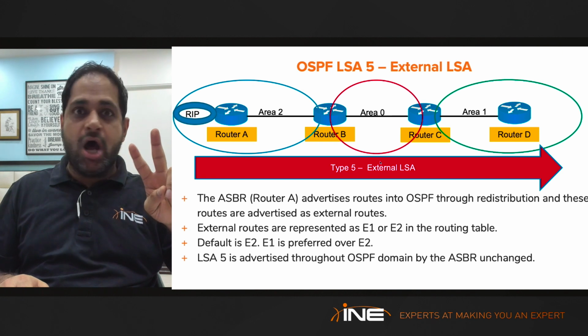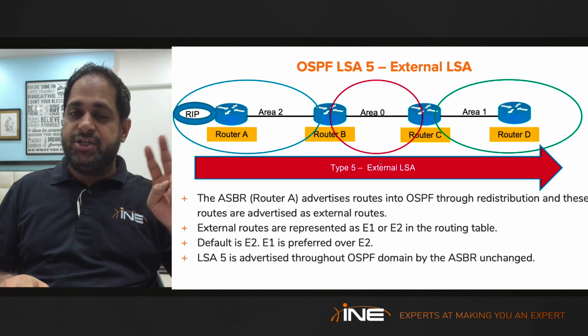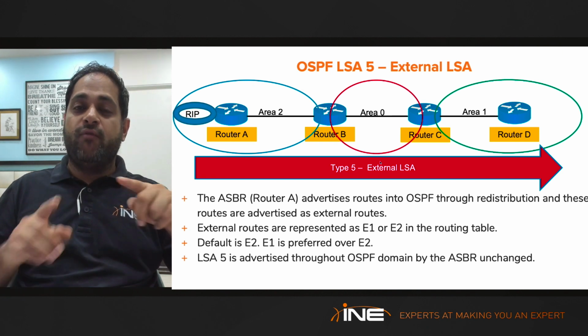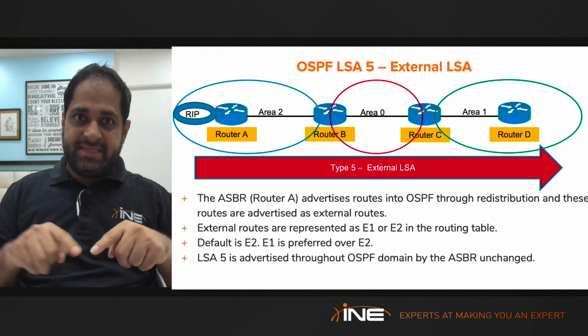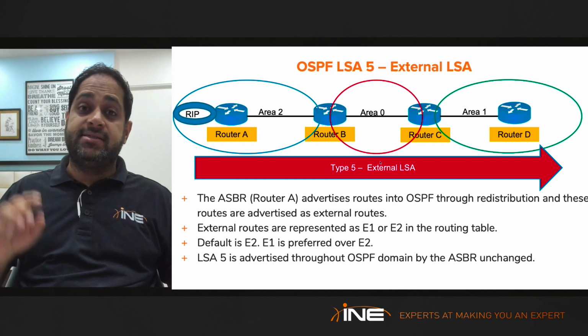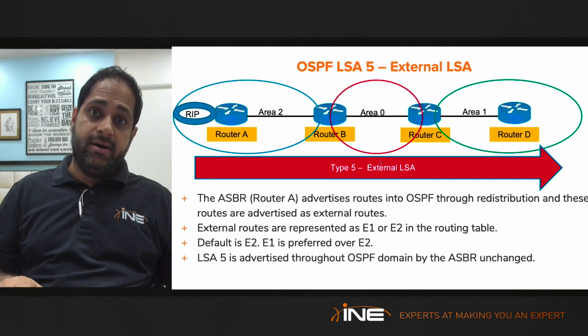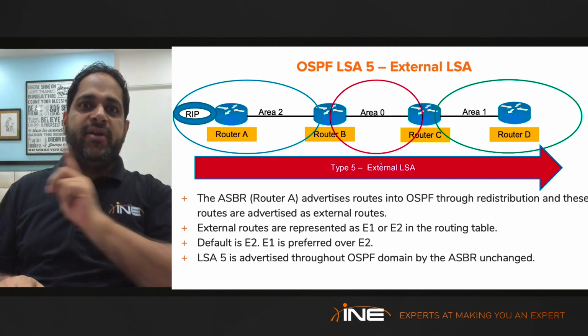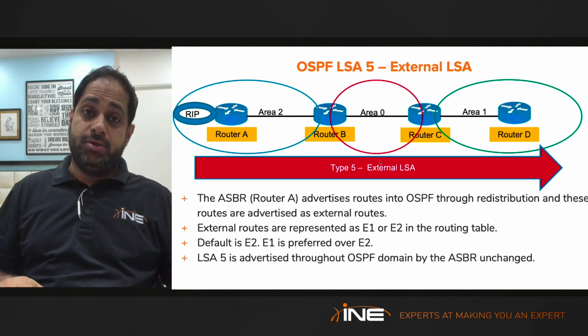LSA 2 is not prefix information. LSA 2 is the router ID of all the routers in that broadcast segment when there's a DR present. And LSA 4 is the router ID of the ASBR. All the odd ones, 1, 3, 5, 7, are prefix information.